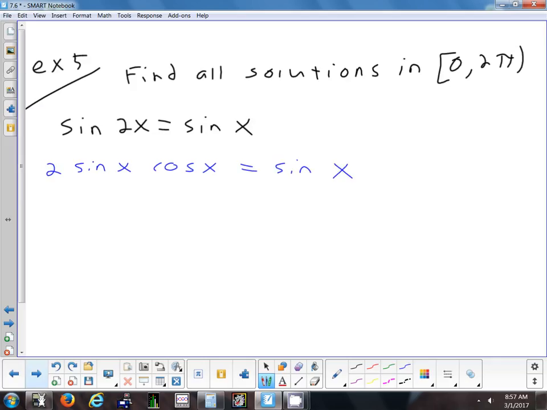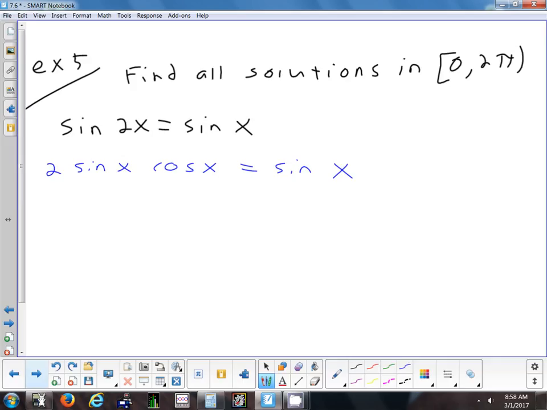equals sine x. And now what would we do from here? Think about your strategy. Anytime you want to solve an equation like the ones we've been doing today, get it equal to 0.